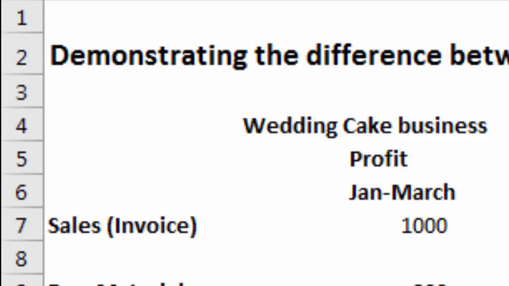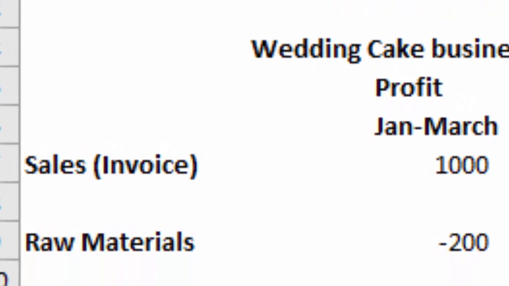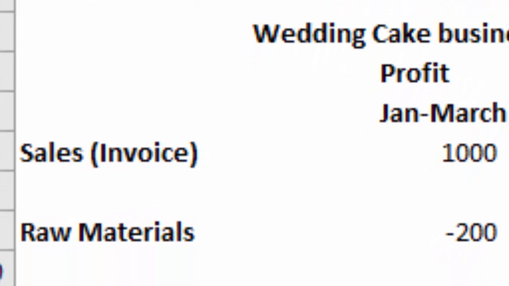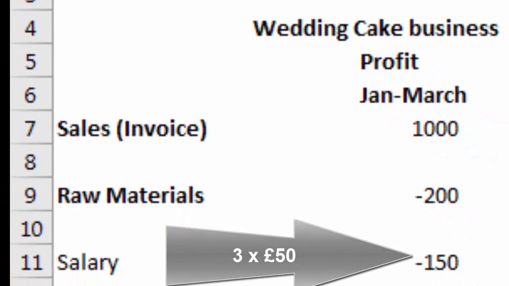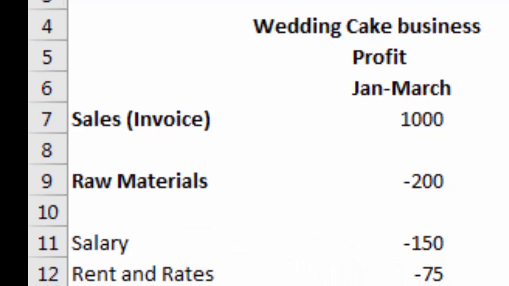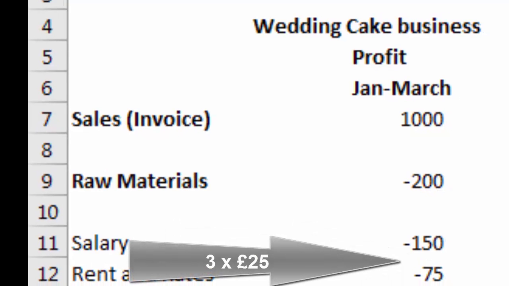Now, in order to generate £1,000 worth of cakes, she had to purchase £200 worth of raw materials specifically for those cakes. And then during that 3 months, she paid herself a salary of £50 a month. So that's £150. Her rent and rates worked out to be £25 a month. So that's £75 for the 3 months.